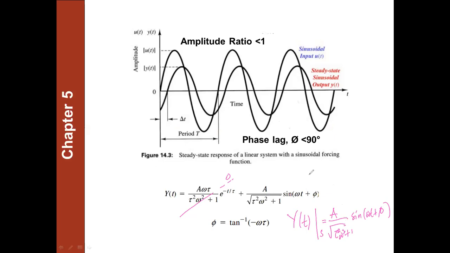So if you are asked for the response equation of a sinusoidal forcing function, it will only include this one, the steady state solution, or the final value of the response. So it will not include this one anymore, because mathematically anyhow, this will be 0.